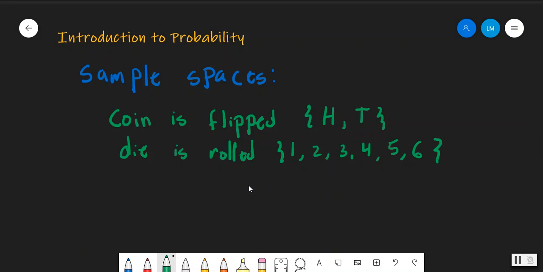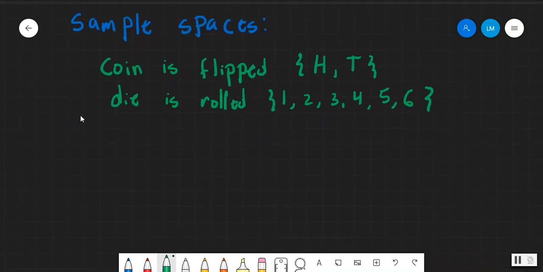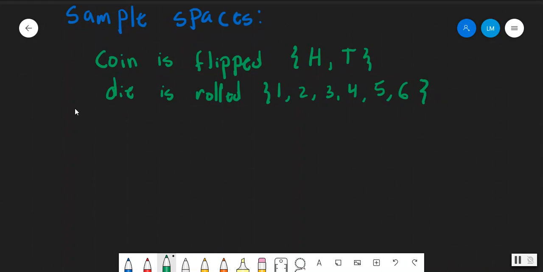But let's say, for example, that we wanted to look at a child being born. The possibilities would be that it could be a boy or a girl, assuming that there are no multiple births. So a sample space is really just listing out the total possible outcomes.